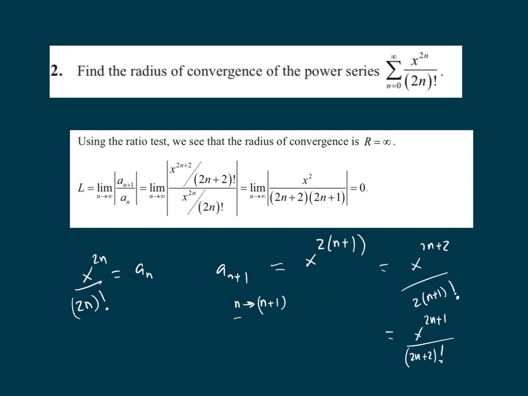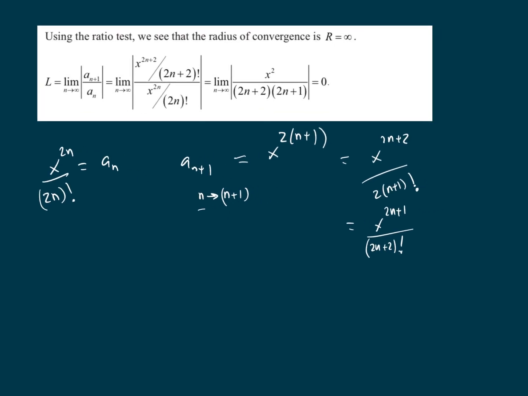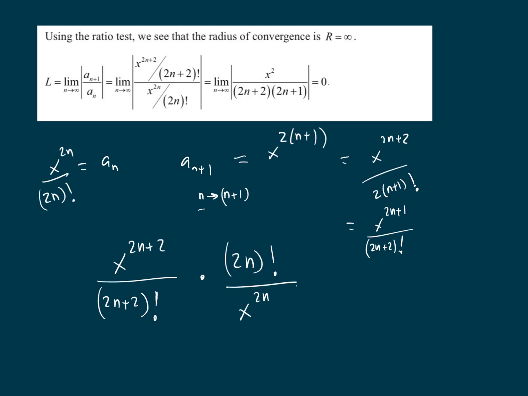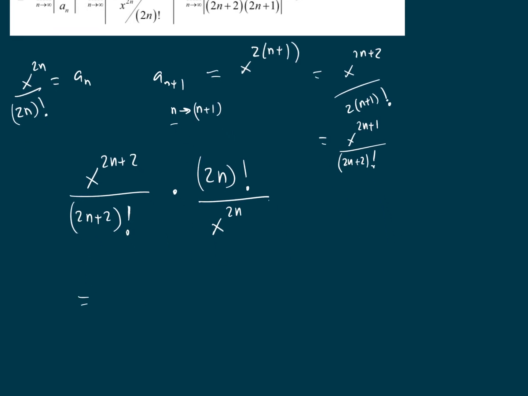Okay, so it will appear x to the 2n plus 2 divided by 2n plus 2 factorial, multiplied by 2n factorial divided by x to the 2n.